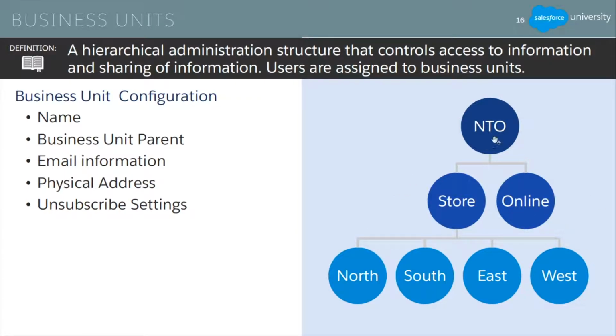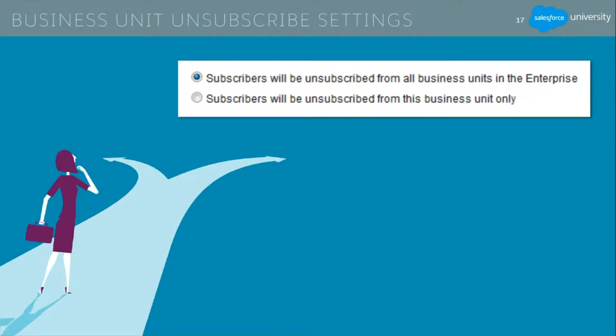However, if NTO is really just a way to segment out our brand, and we want to honor that opt-out all the way across, then we might set it to opt out from enterprise. If these are really just ways that we've defined our differences in our line of business and not really our communications, then it might make more sense to use unsubscribe from the enterprise only.